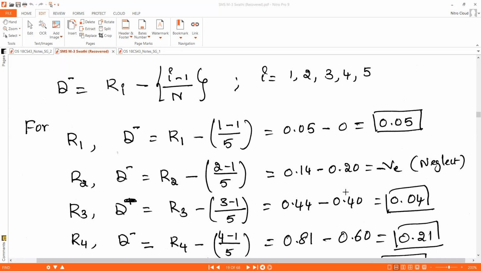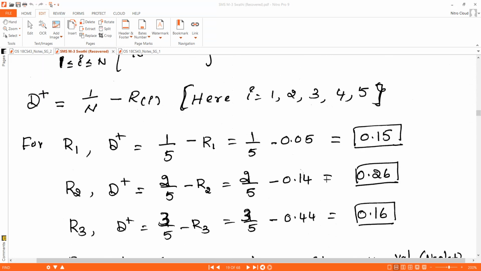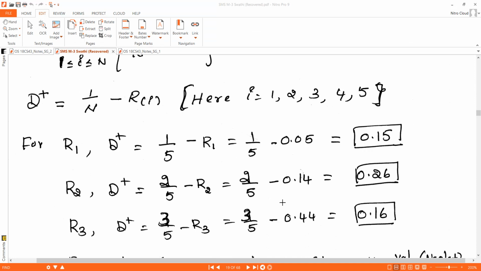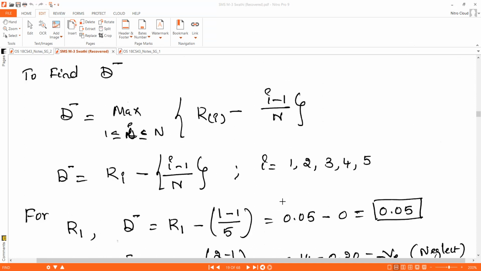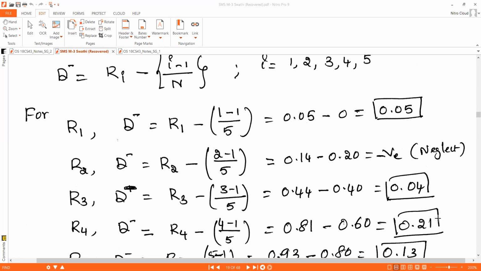R3 value is given in this problem, that is 0.44. We'll substitute 0.44 in this R3 place. 0.44 minus (3 minus 1) by 5, that is 0.40. After calculating this, we will get the d minus value as 0.04.